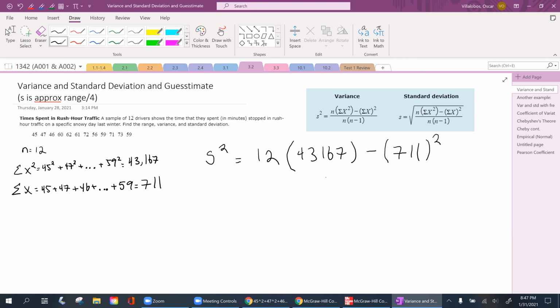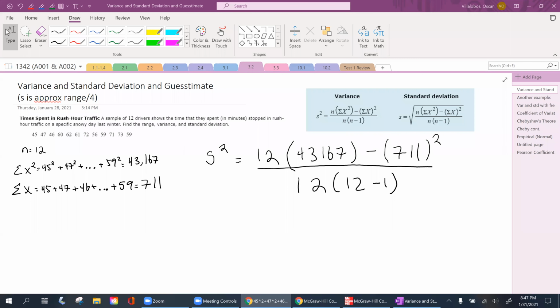And remember, these two values are always different, so always keep an eye out for that. Divided by 12 times 12 minus 1. Let's see what that gives us.